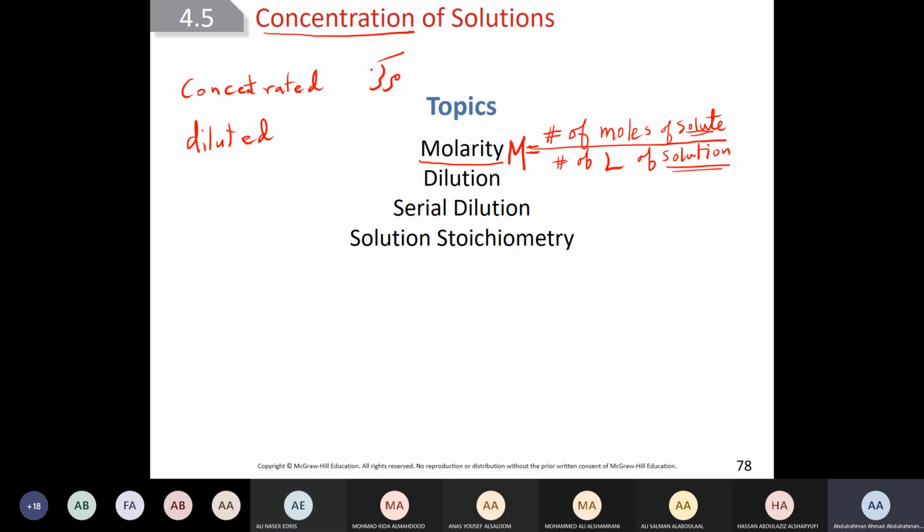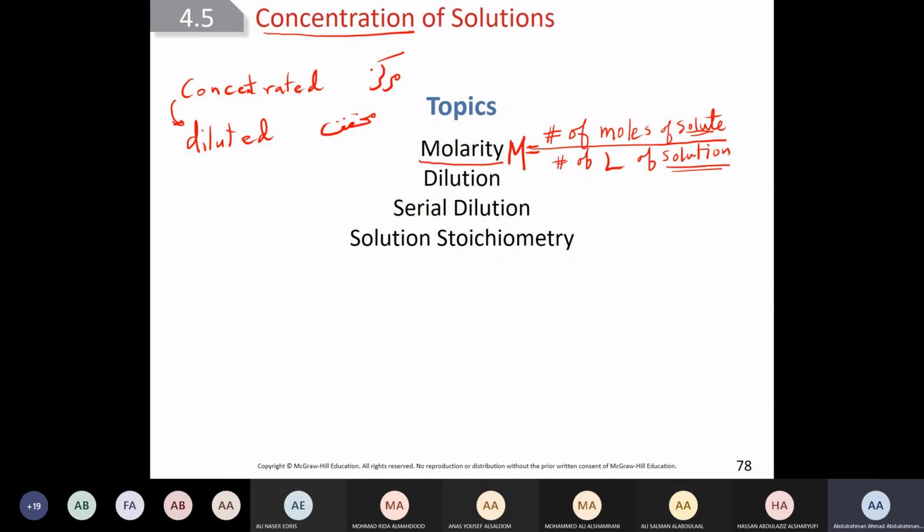How about diluted? مخفف. Okay. How can you make something concentrated diluted? Especially if we have solution. Add what? Add water. Add water to it to make it less concentrated.